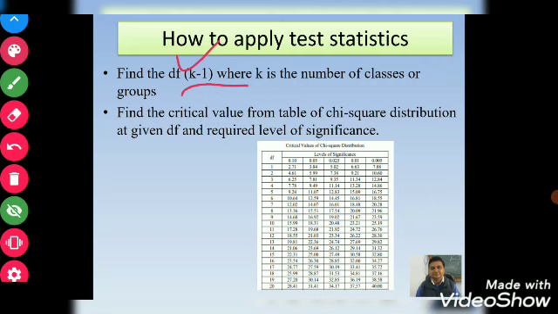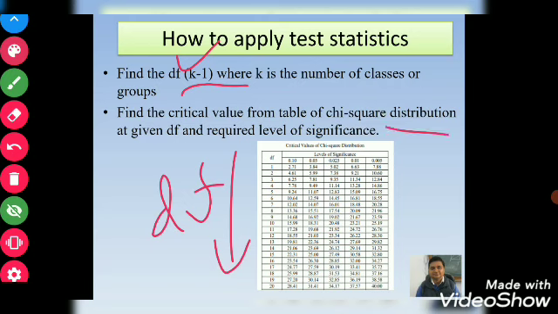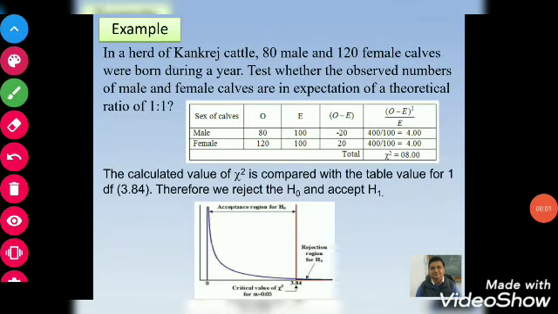Here you can see the chi-square distribution table, with degrees of freedom on this side and values at various levels of significance. At 2 degrees of freedom, the value at the 5% level is 5.99.